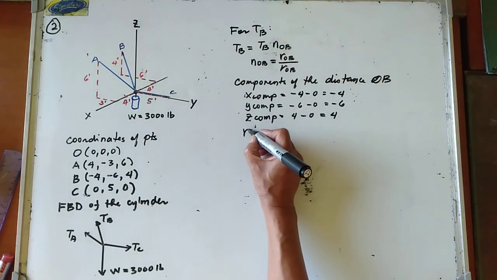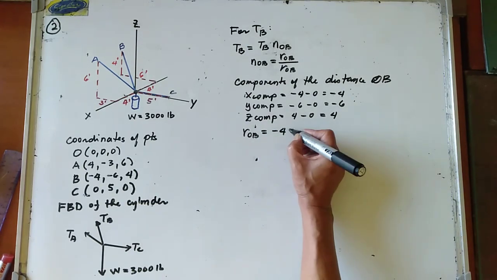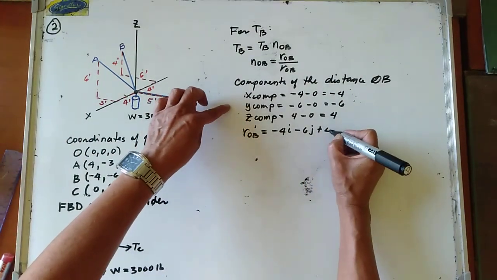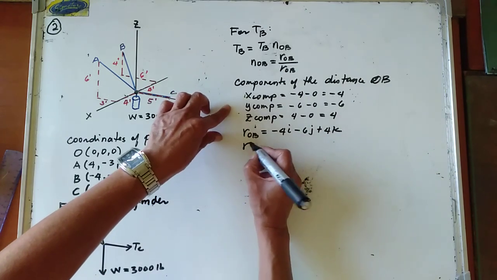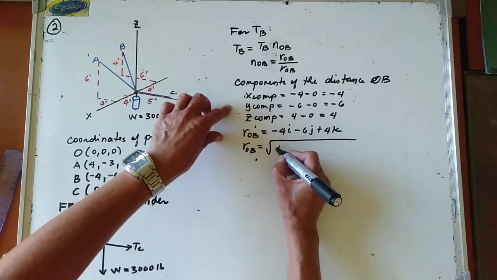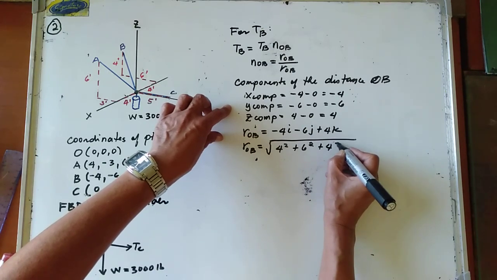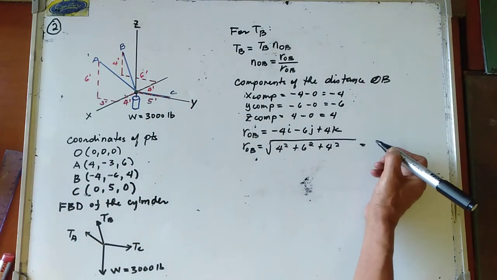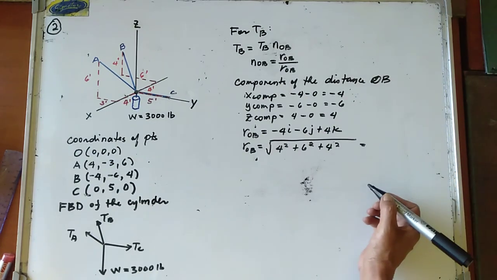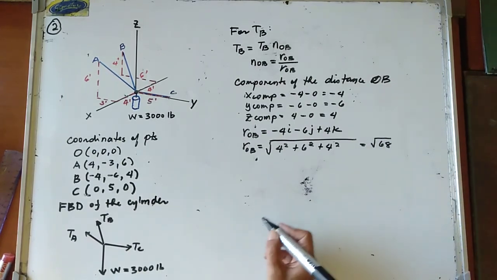Now your ROB is equal to minus 4i minus 6j plus 4k. And the magnitude is equal to the square root of 4 squared plus 6 squared plus 4 squared. And this is therefore equal to the square root of 68.